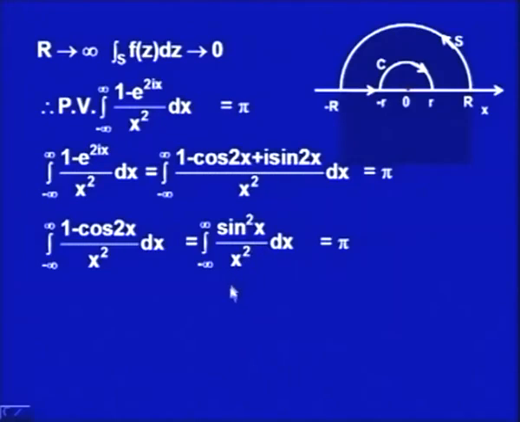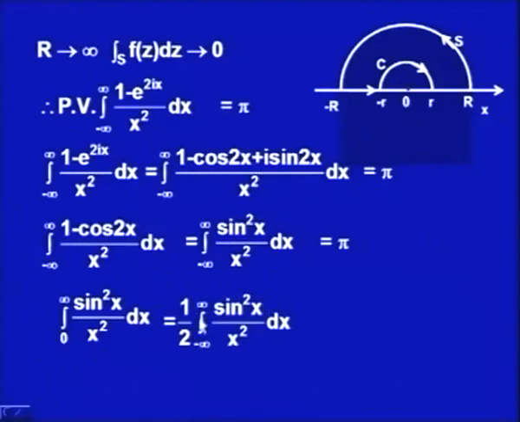So the integral from 0 to infinity of sin square x upon x square dx can be written as half of the integral from minus infinity to plus infinity of sin square x upon x square dx. Since this is an even function, the Cauchy principal value is equal to the value of the integral, and thus this is equal to pi by 2. So this second formula also we have established.